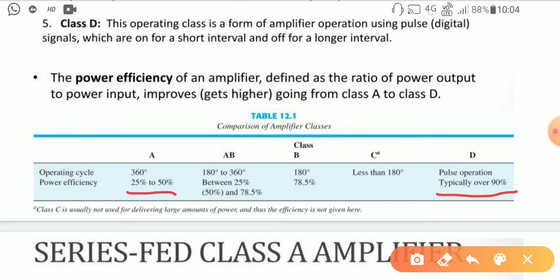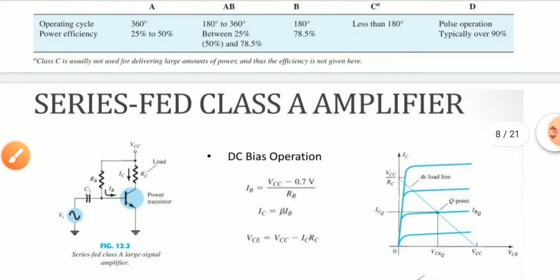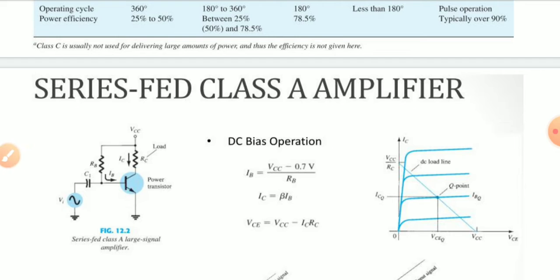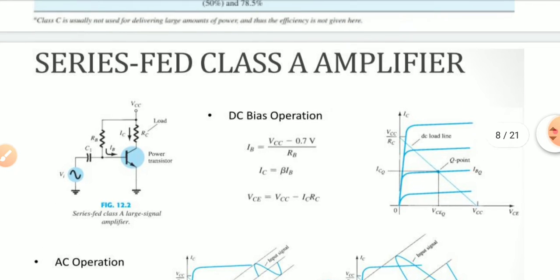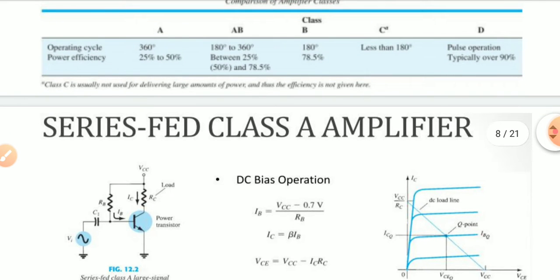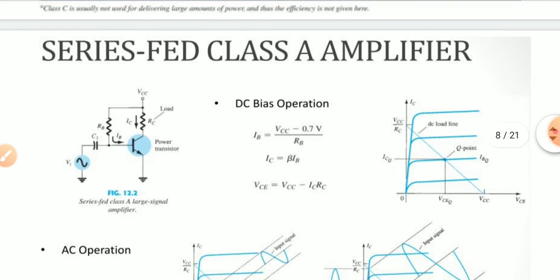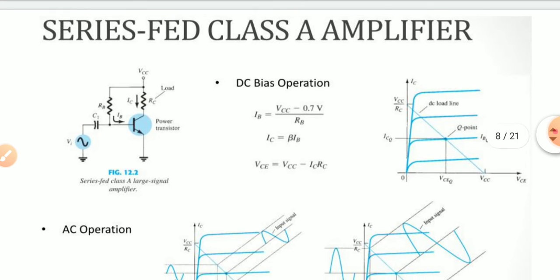Today we broadly discuss the class A amplifier, where the series feed class A power amplifier is used. Again, I just repeat that you already see that for the class A amplifier, the power efficiency is between 25 to 50%. So if you vary the biasing configuration, the efficiency can be modified and it may vary from 25 to 50%.